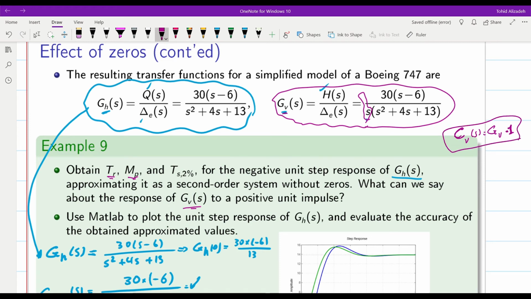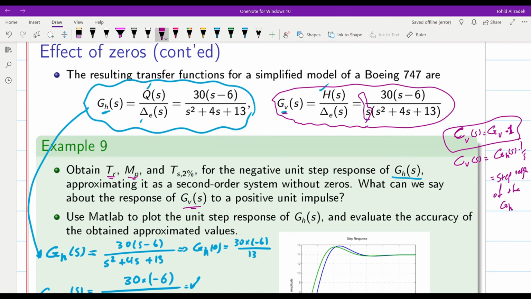And if I compare it with the step response of GH, CV will be indeed equal to GH times 1 over S. And this is indeed the step response of the GH. So the impulse response of GV will be indeed the same as the step response of GH.